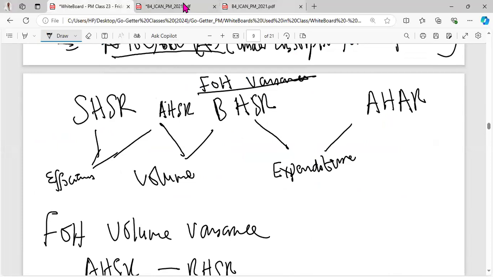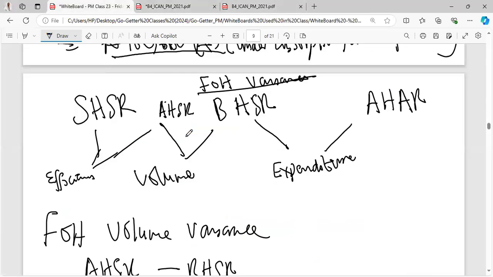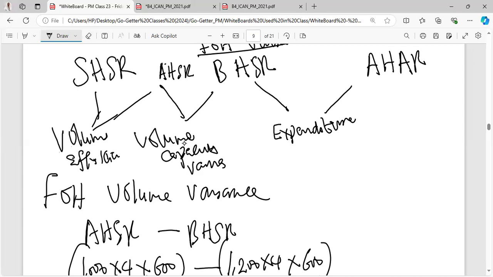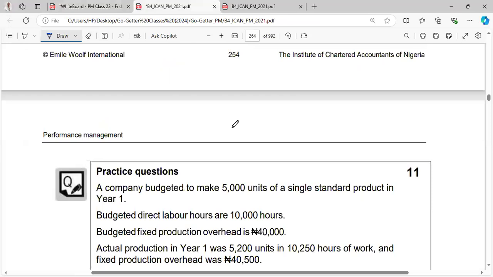So what are we doing here? That's the capacity variance. So this is volume, but this is capacity variance. For volume variance, this is still volume efficiency. So that's it.